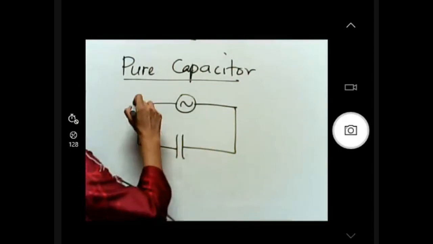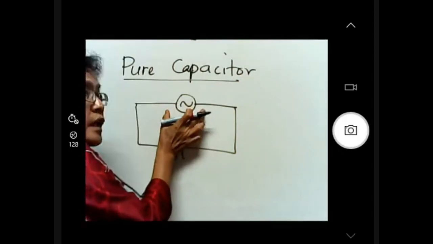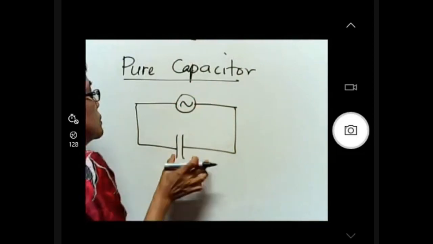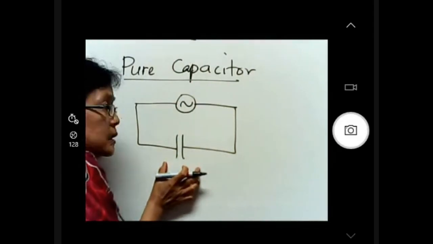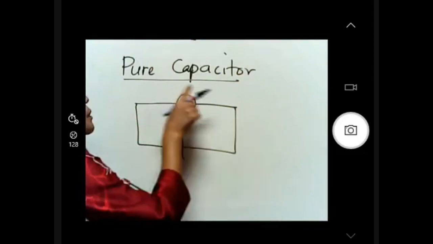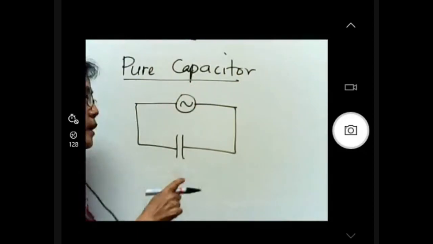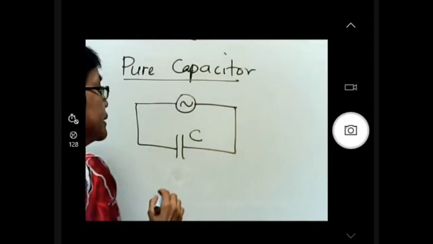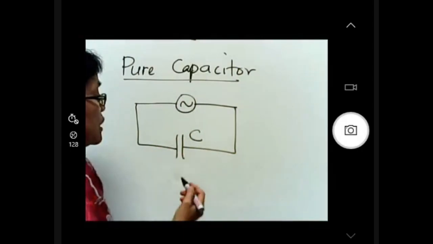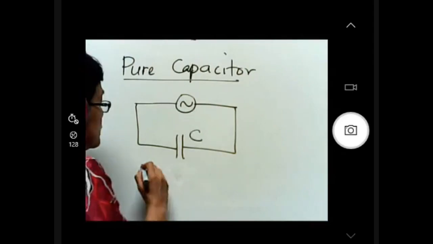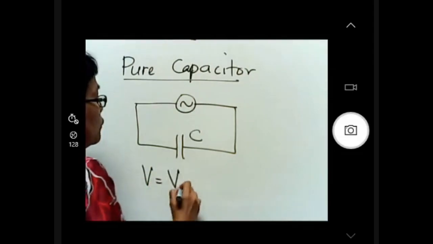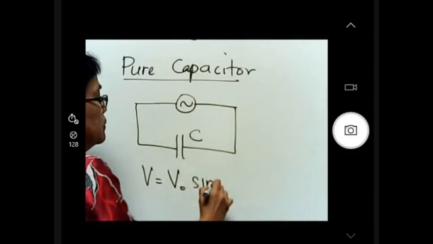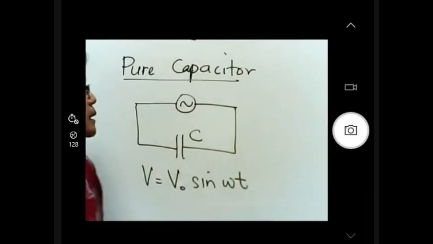So same here, the source voltage will equal the voltage across the capacitor and the current will flow through the capacitor. Okay, so I will take voltage as my initial equation, which is V equals V naught sine omega t.